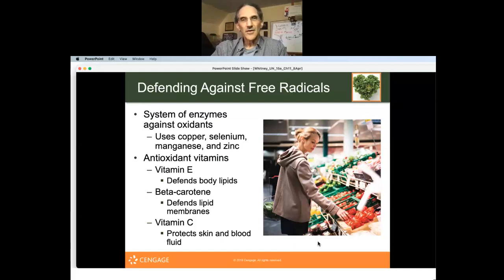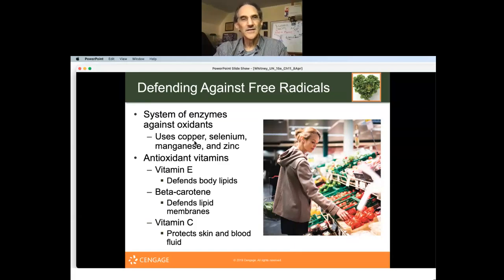So, what are the components in a healthy diet that assist us in fighting free radicals? Well, we need some key minerals that we'll talk about in the days to come, and those would be, in particular, copper, selenium, manganese, and zinc. They work with enzyme systems, and of course, there are the fat-soluble vitamins.